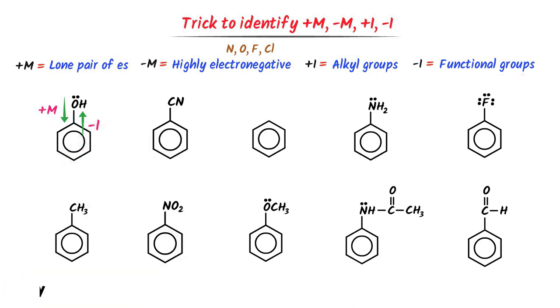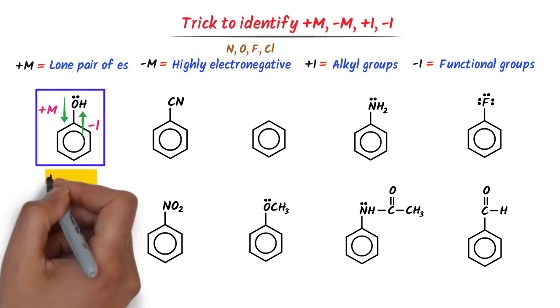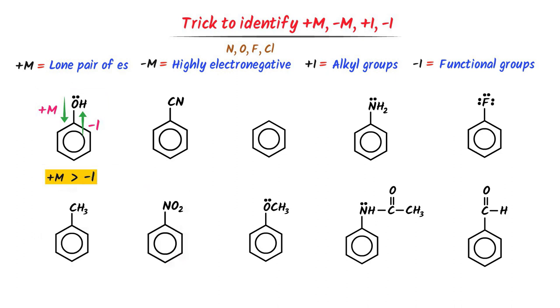Now, mesomeric effect donates lone pair of electrons in this direction and inductive effect pulls shared pair of electrons in opposite direction. We already know that mesomeric effect dominates the inductive effect. Here, positive M is greater than negative I. Thus, using this trick, we will answer all these questions.